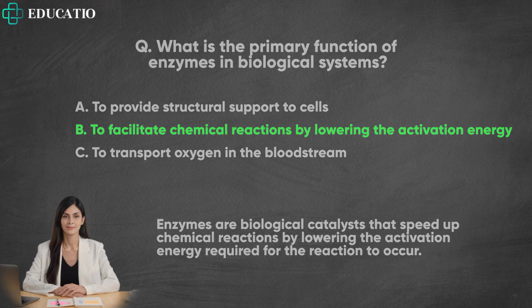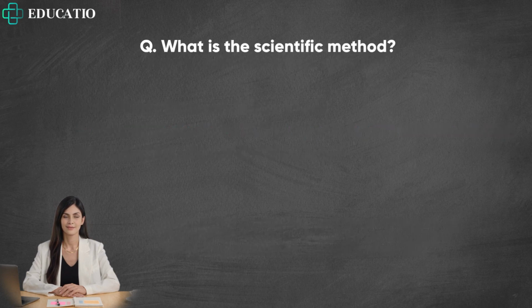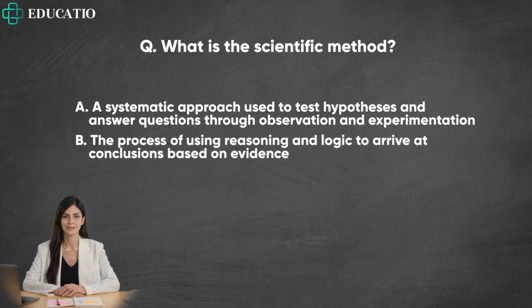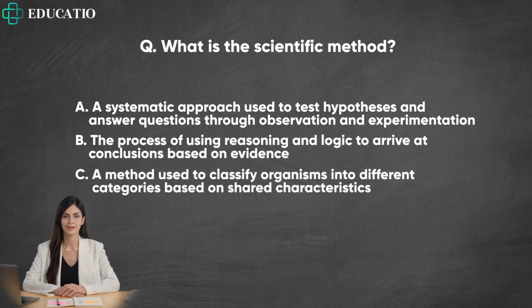Question: what is the scientific method? A. A systematic approach used to test hypotheses and answer questions through observation and experimentation. B. The process of using reasoning and logic to arrive at conclusions based on evidence. C. A method used to classify organisms into different categories based on shared characteristics.